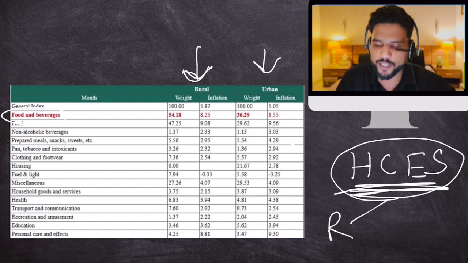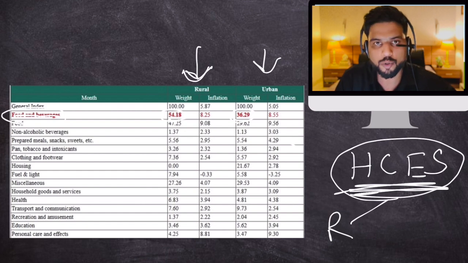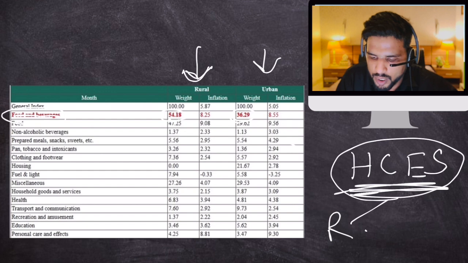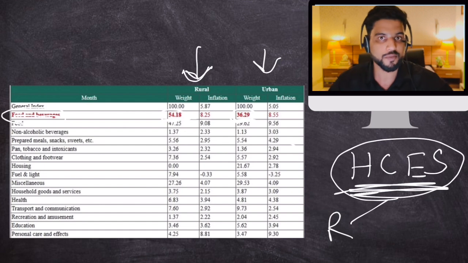This is the monthly expenditure of urban households. And in this, you can see that the food and beverages category in rural households has higher weightage as compared to urban households. An average urban household spends around 36% of its budget on food items, whereas in rural areas, an average household spends 54% of their budget on food items.